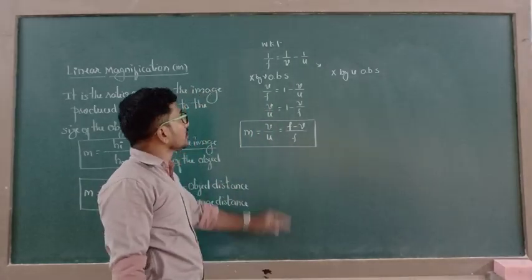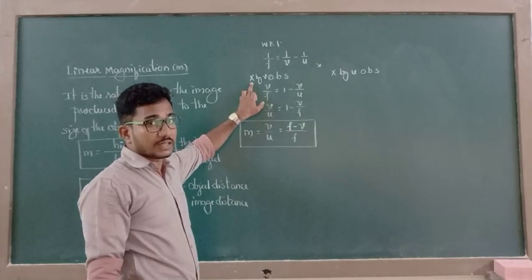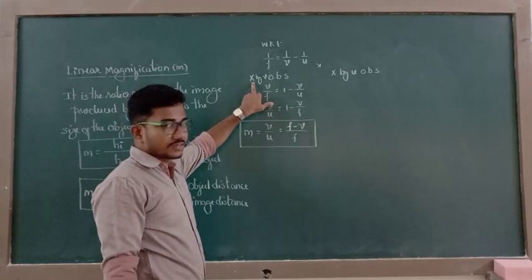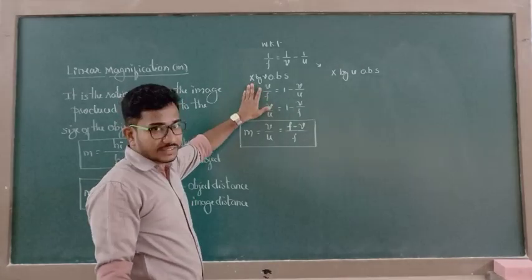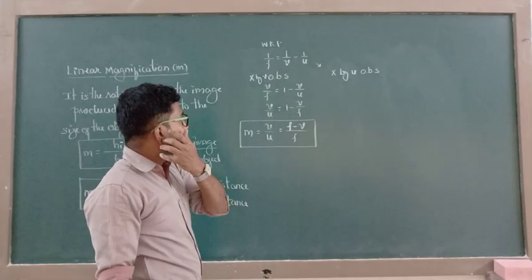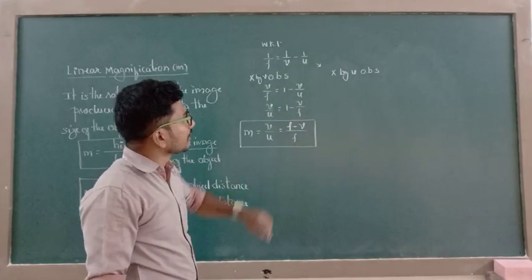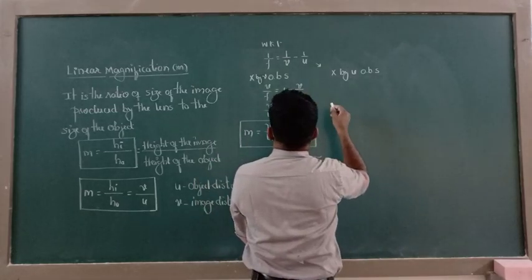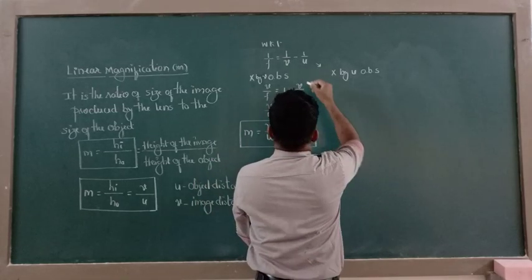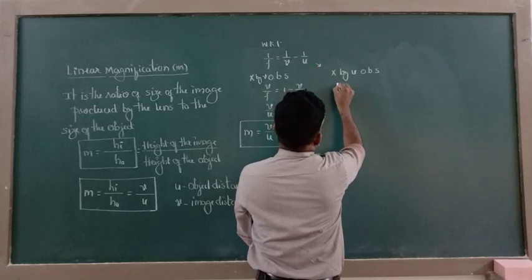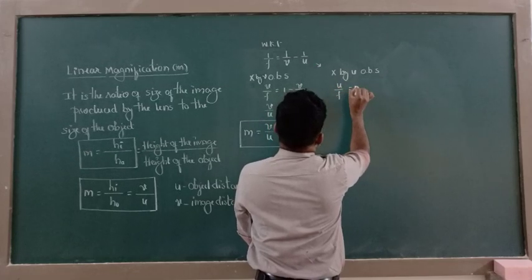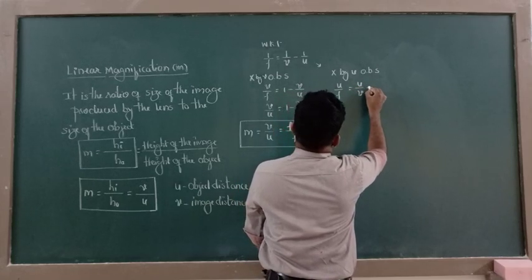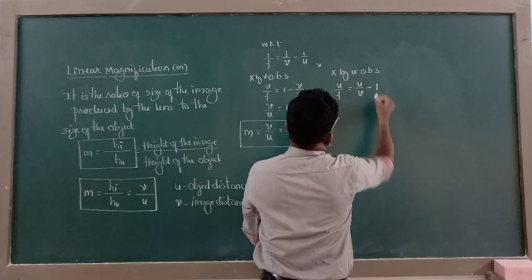Some students may write this as X, for that reason I am going to write each and every term in detail. So multiplying by U on both sides, U by F is equal to U by V minus U by U, which is 1.